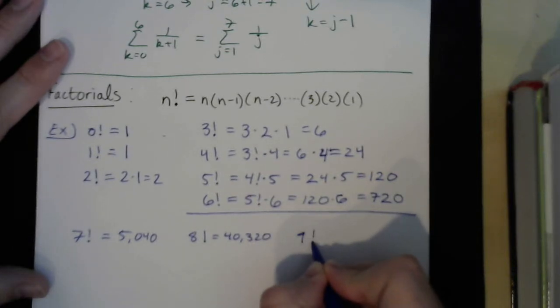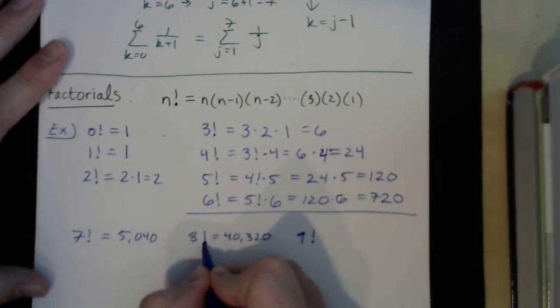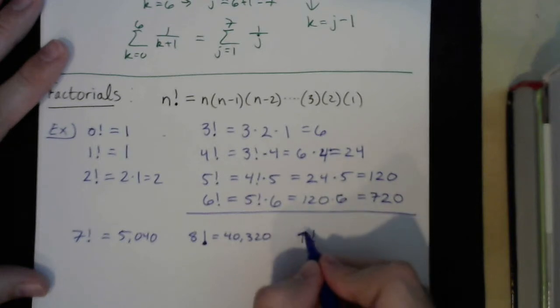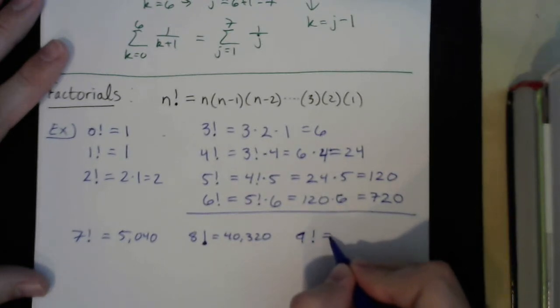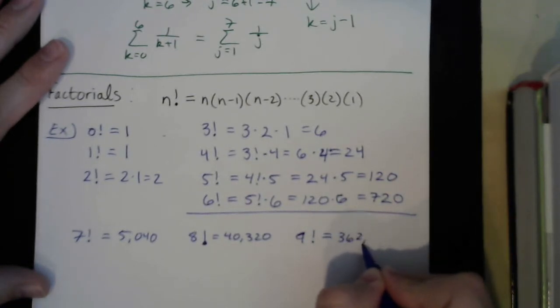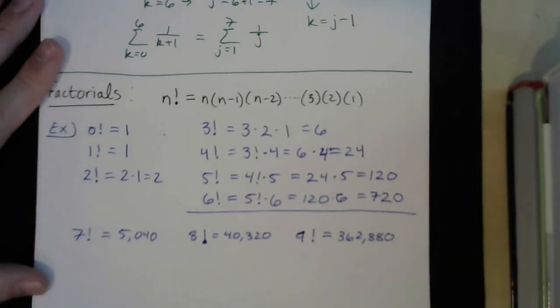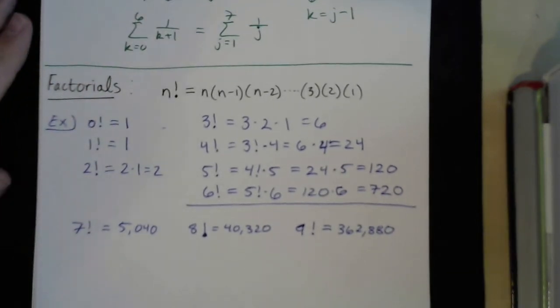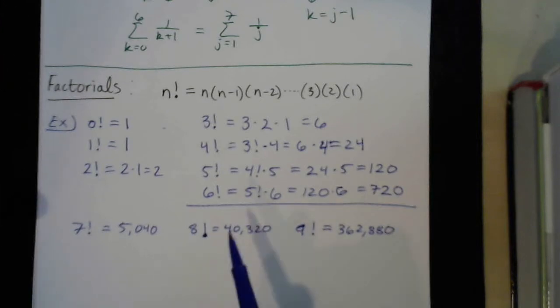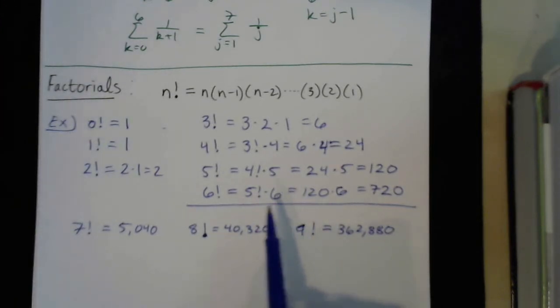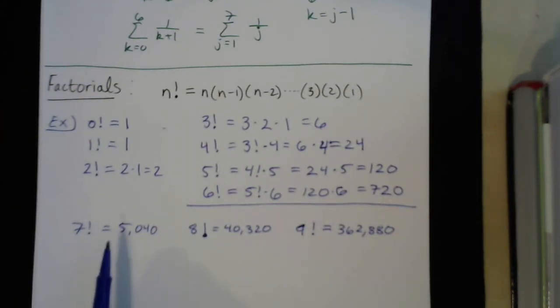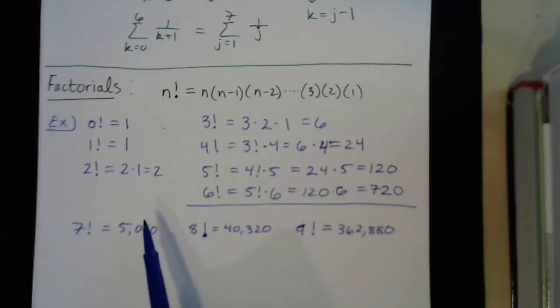And 9 factorial is 362,880. Factorials get big real fast. So this is why I say that 6 factorial is usually where most people know to. Some people know 7 factorial, but I rarely encounter anyone who knows 8, 9, or higher off the top of their head, because you don't need to. If you know up to 6, you can easily find these and anyone after that.